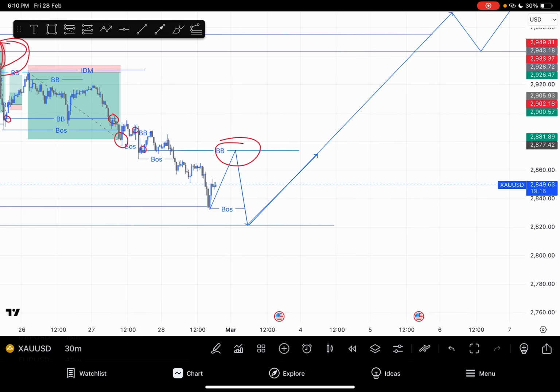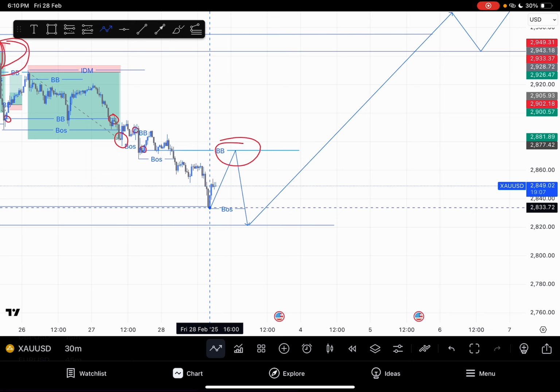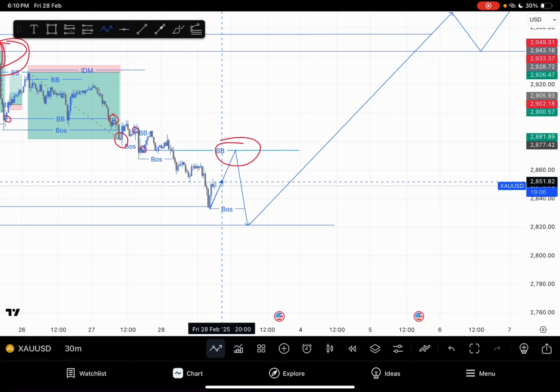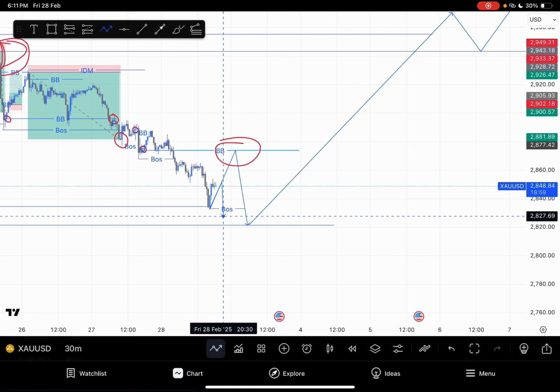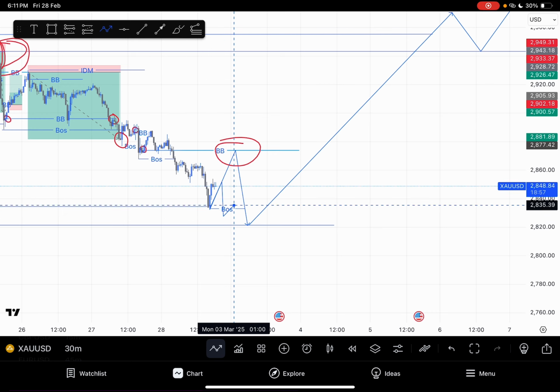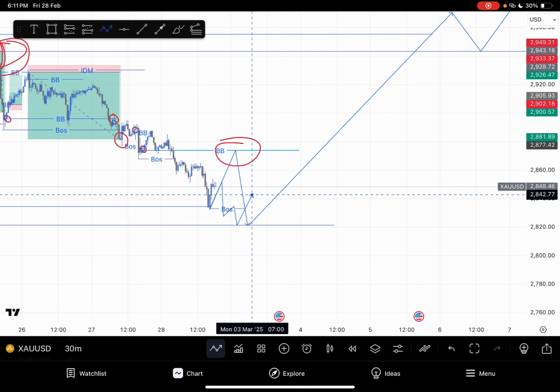But if price didn't do that, or let's say price creates something like this, let's say price moves from this point here, then pushes down again like this, for example, then mitigates, and you see something like this. Let me remove this stuff.